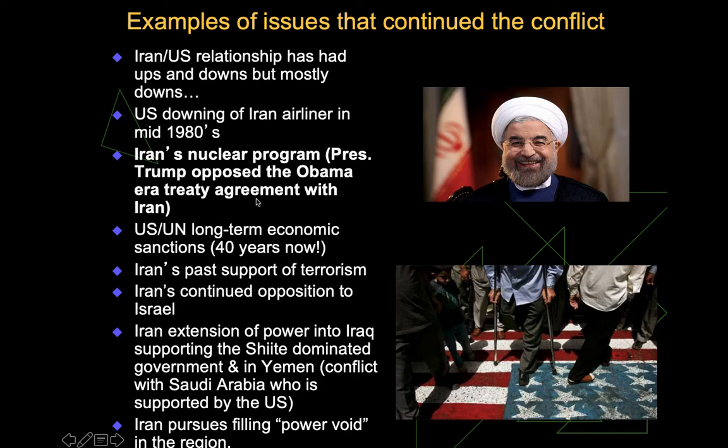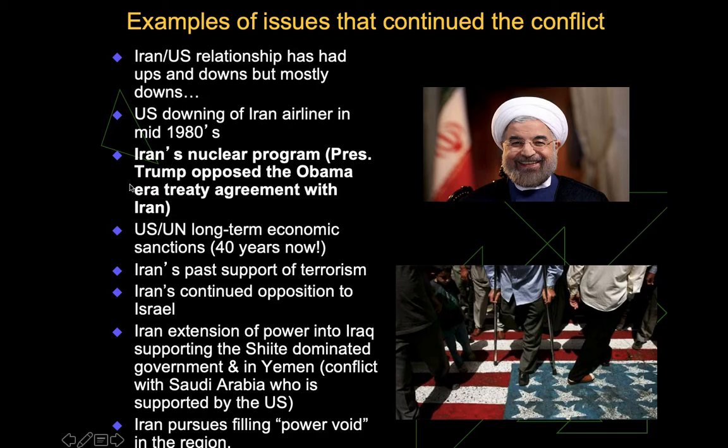President Trump, of course, has opposed that agreement and went back on the agreement with the Iranians, and we have no agreement in place right now that's really functioning. These economic sanctions have been, of course, a big sticking point between us and the Iranians.